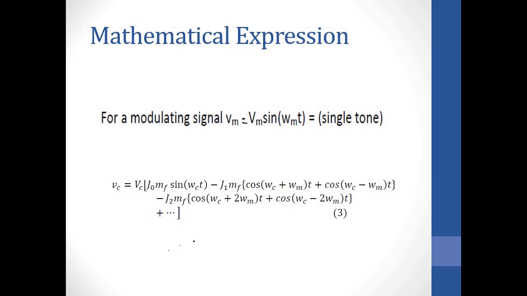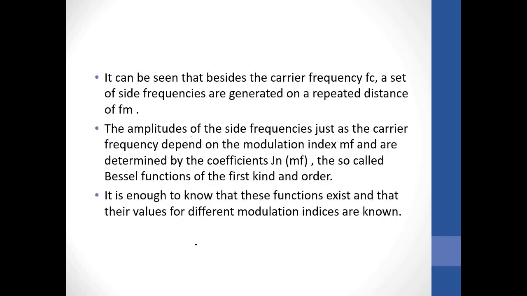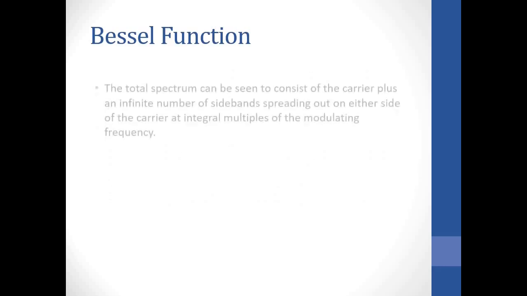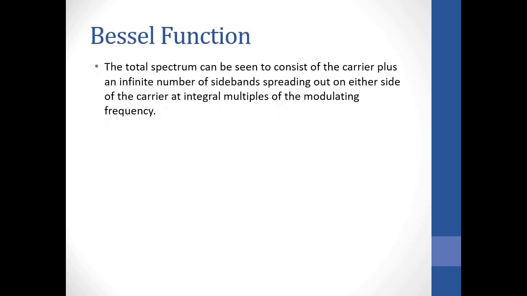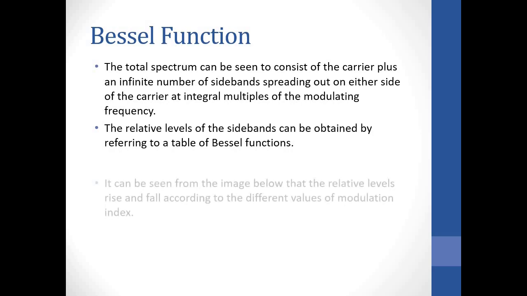So these are components that are generated in an FM signal. It is enough for you to know that this function exists and that its values for different modulation indices are known. So the Bessel function gives us the spectrum, or the relative levels of the sidebands, which can be obtained.